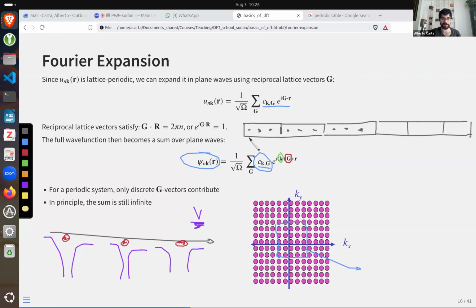So you have two kinds of degrees of repetition. If your crystal is extended until here, then the periodicity will impose that the crystal until here also has its periodic image repeated.